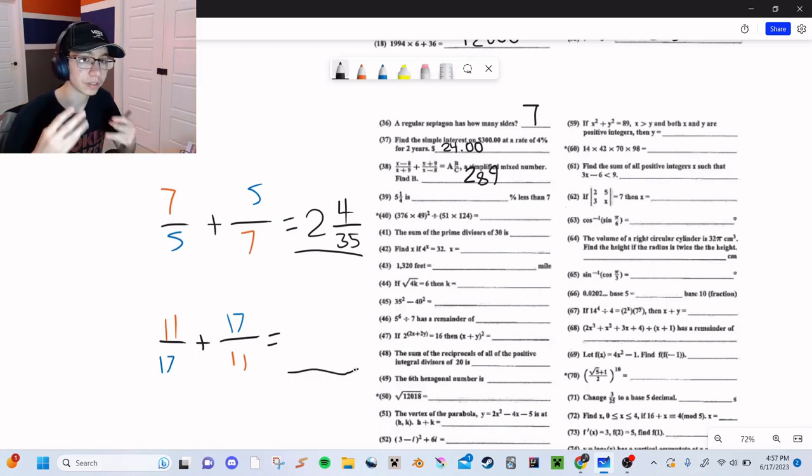So let's remember our steps. First, let's get the product of the denominators, the product of these two numbers, 17 and 11. That is going to be 187.